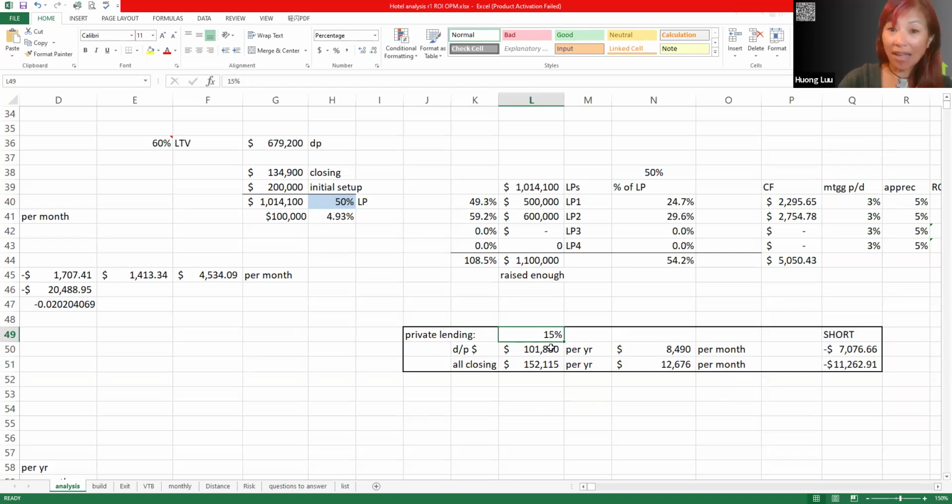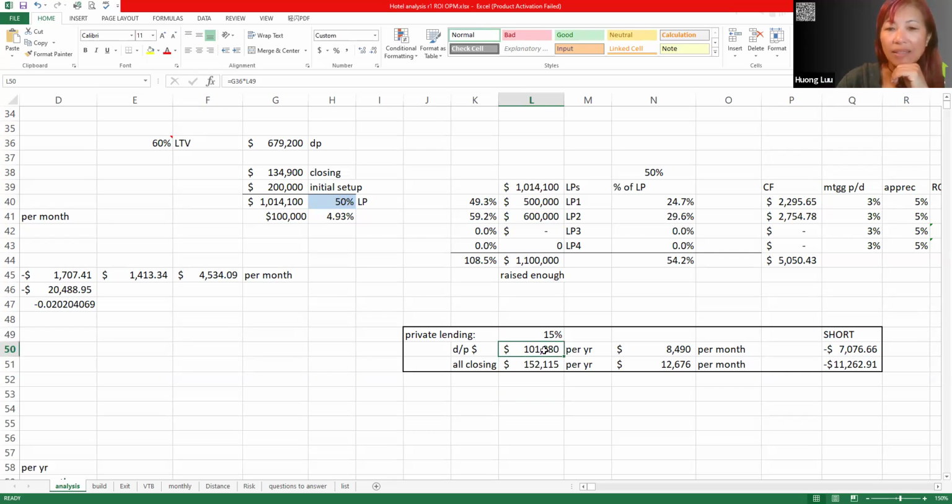I realize that's high, but part of doing this is saying, is there enough cash flow from the current business to allow me to acquire the business without having to do some forced appreciation, having to increase the rates or anything like that? Does the current business justify buying it using private money? Okay, so I'm using 15% here.